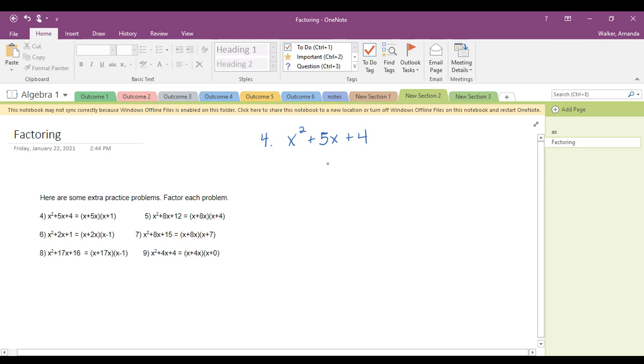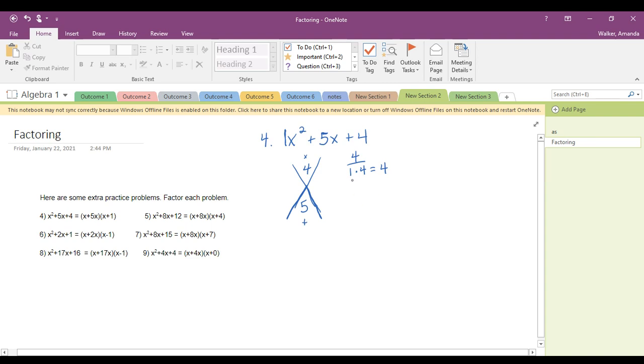You're trying to figure out what multiplies, I always draw an x, what multiplies to 4, and what adds to 5. So if we go off to the side and make a list, what multiplies to 4? Well, 1 times 4 is 4, so that works.